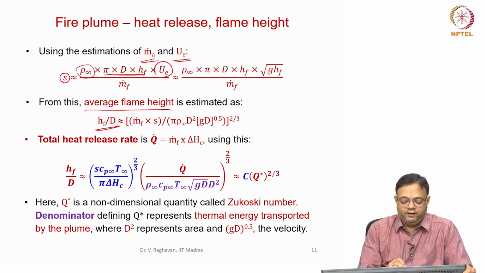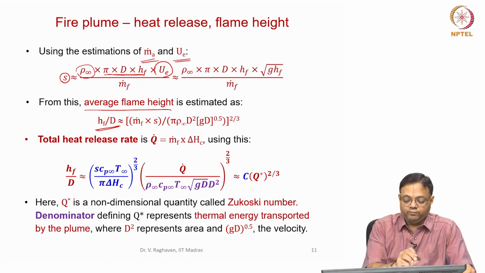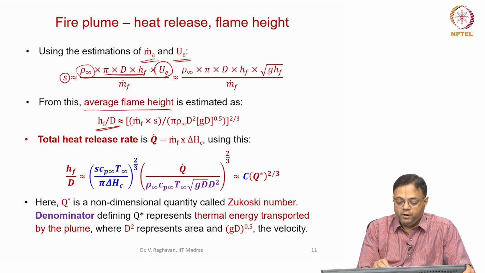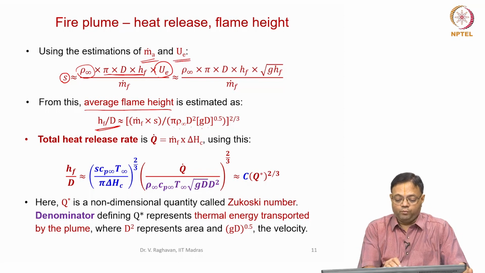So HF by D equal to M dot F into S, cross multiplied and divided by pi rho infinity d square into GD under root, whole power 2 by 3.